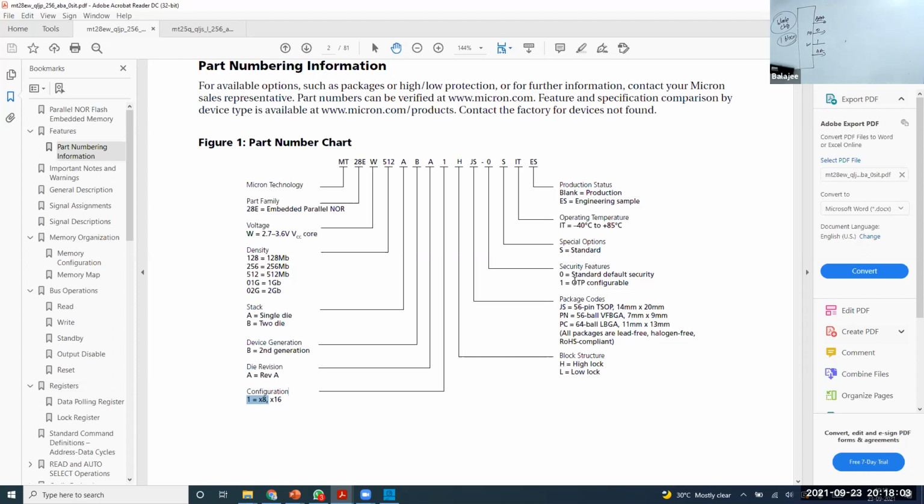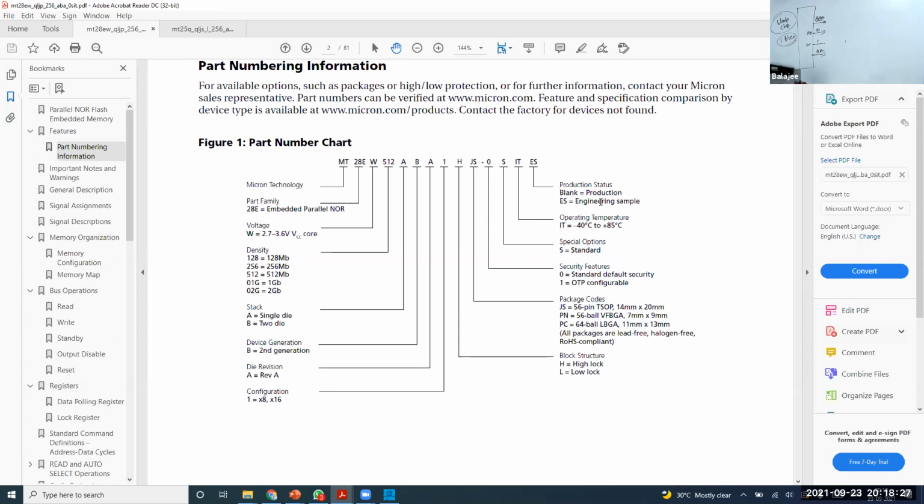Security: one-time configurable or standard default security. And special options: standard one. This is not a military one. Then operating temperature. And production status: blank, or engineering sample. You know what an engineering sample is?